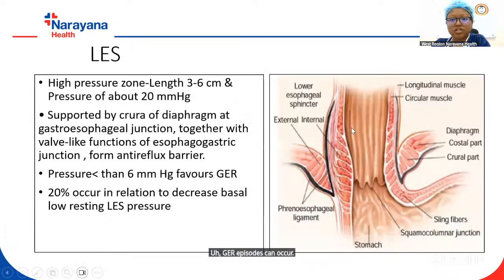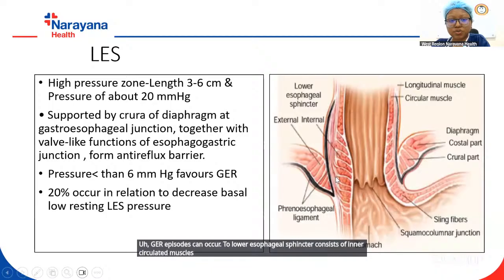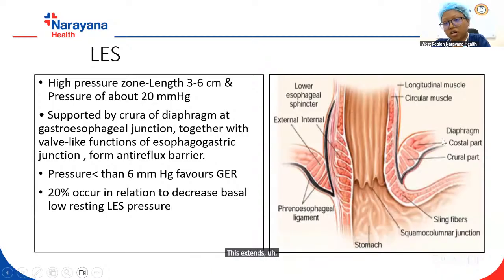The lower esophageal sphincter consists of inner circular muscles and outer longitudinal muscles. This extends towards the greater curvature, and it is a high pressure zone with a length of 3 to 6 centimeters and a pressure of about 20 millimeters of mercury.